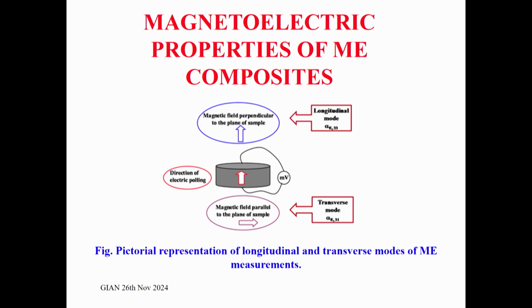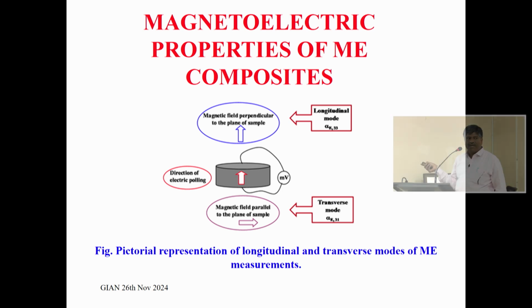What you have to understand is that the magnetoelectric performance is recorded basically for two directions. One, this is the sample. If you apply the external magnetic field parallel to the surface, we have designated this as a transverse mode, and if it is applied in a direction perpendicular to the surface, then it is designated as longitudinal.